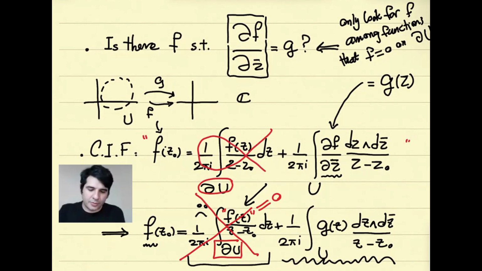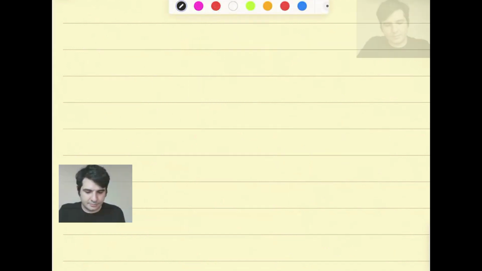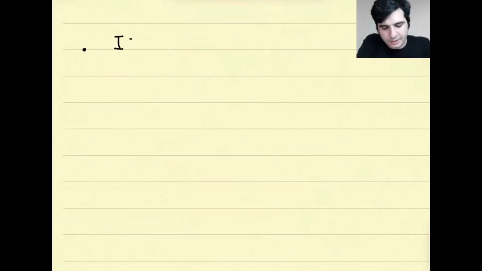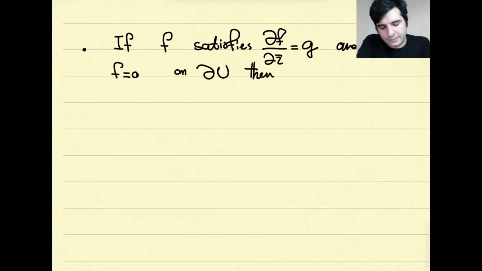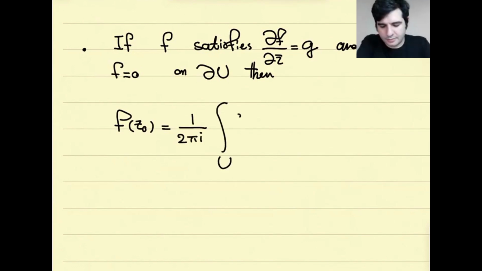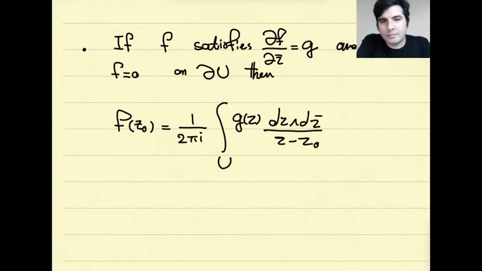And then this gives me a formula, right? So if f satisfies the derivative of f with respect to z bar equals g, and if f is equal to zero on the boundary of u, then f of z naught at every point z naught is given by this formula, right?